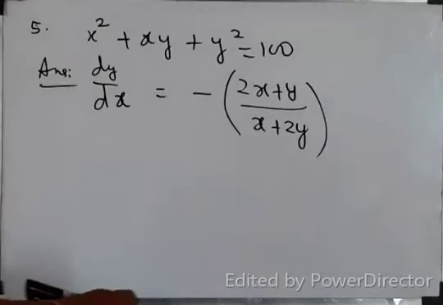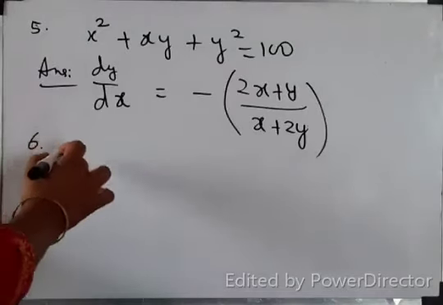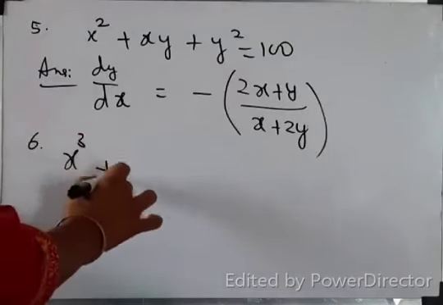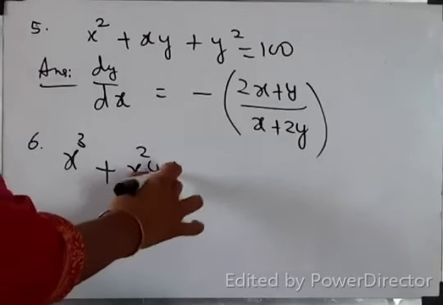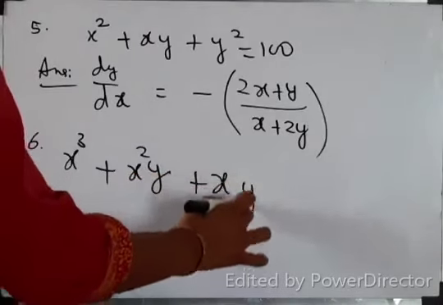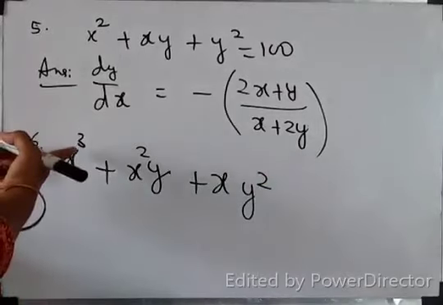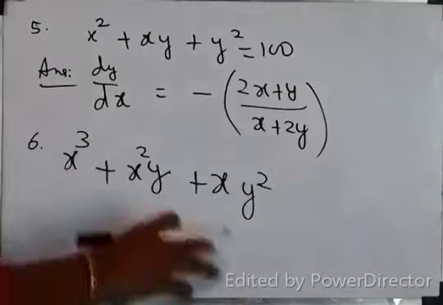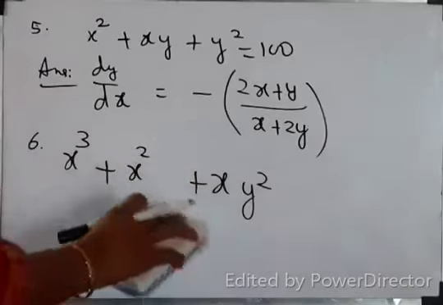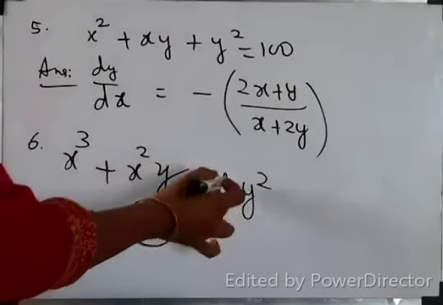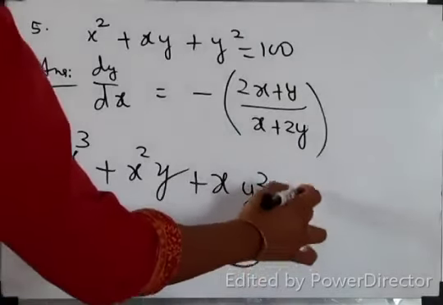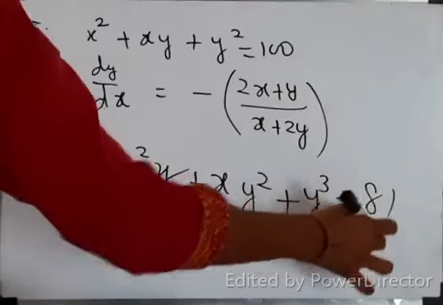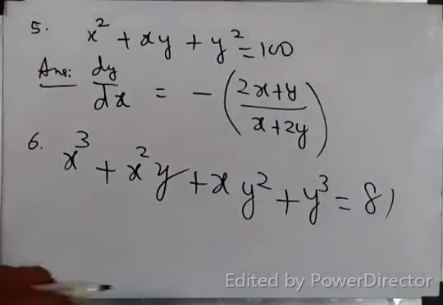Then sixth sum: x cube plus x squared y plus x y squared plus y cube equal to 81. Do you understand? x cube, this is x power 3. Simple sum, children.